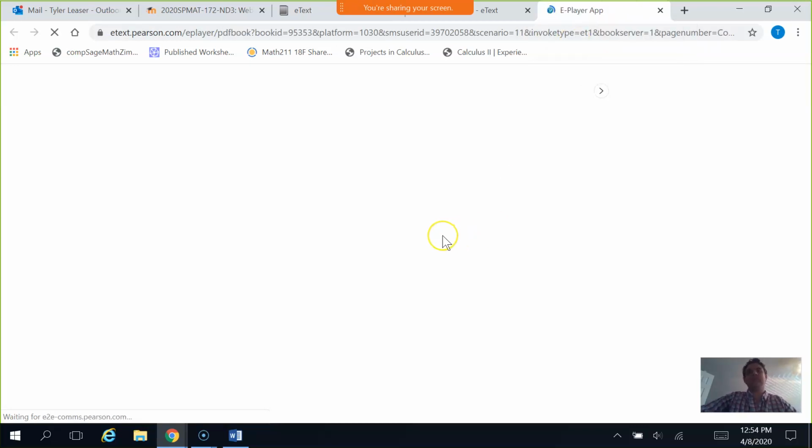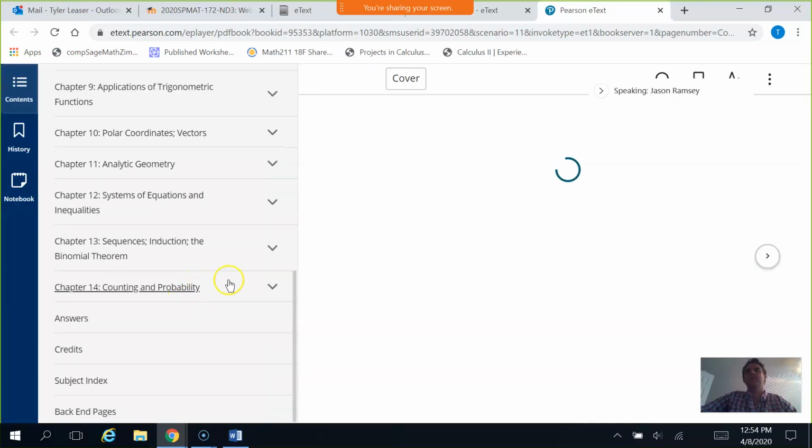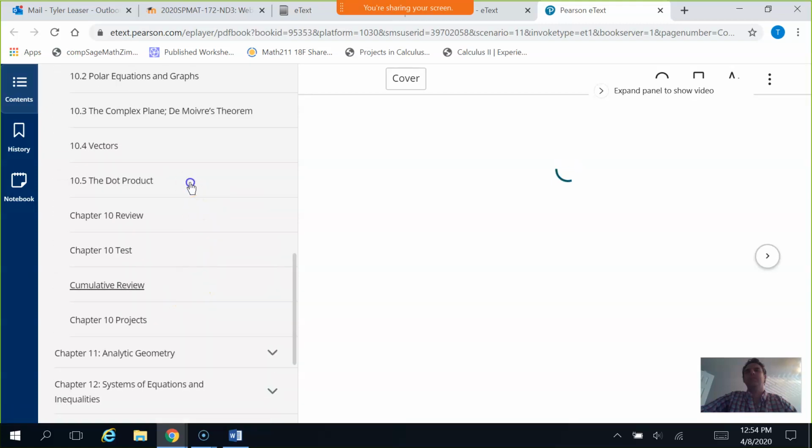Is that chapter 10, right? Yeah, chapter 10, section 5. It has to do with that dot product stuff. Scalar product. Angle between vectors.